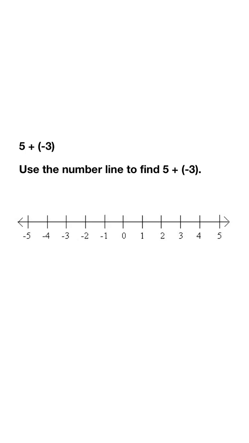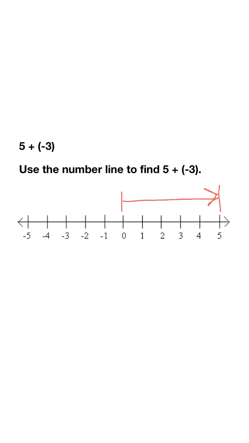Question number 7. 5 plus negative 3. We're going to be using number lines in order to illustrate our problems. We are going to begin by going to the 5. Starting at 0, we're going to go 5 units to the positive or to the right. From there, we have to now show that we are adding a negative 3.